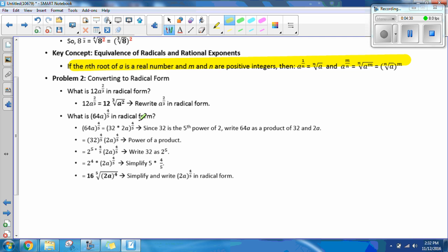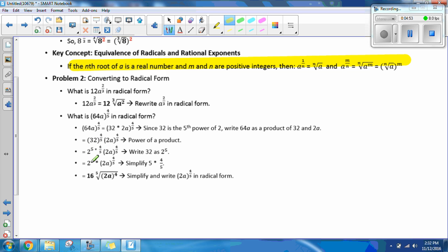Now we'll raise each of these numbers to the 4/5 power. So we have 32 to the 4/5 power and 2a to the 4/5 power. We know that 2 to the 5th power equals 32, so we'll replace that. That being raised to the 4/5 power means I'm multiplying the exponents, so 5 times 4 over 5 will just give me 4.